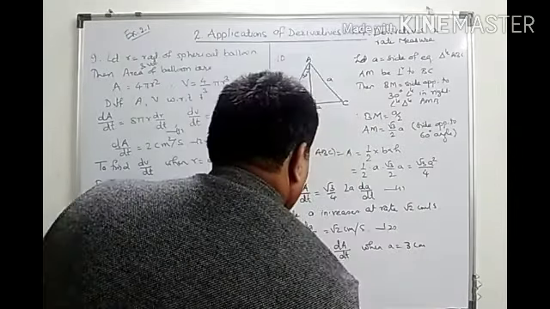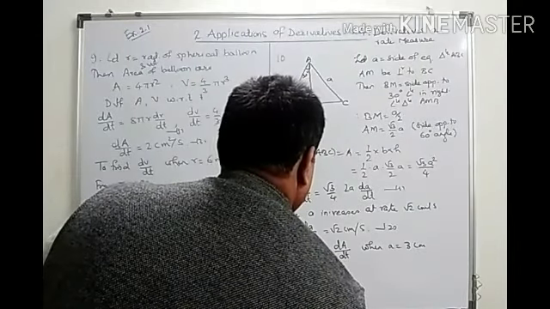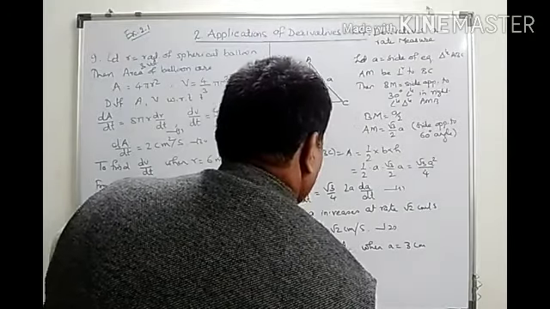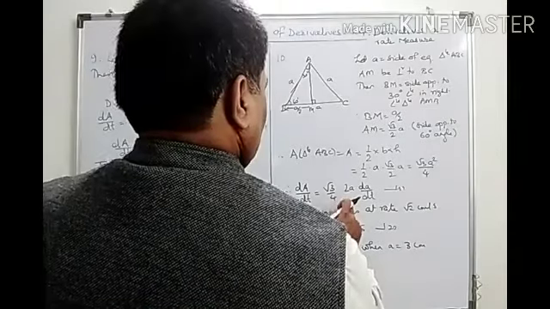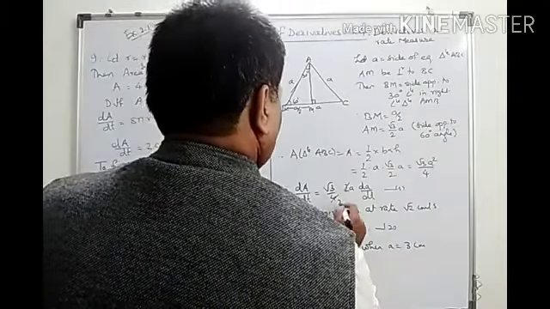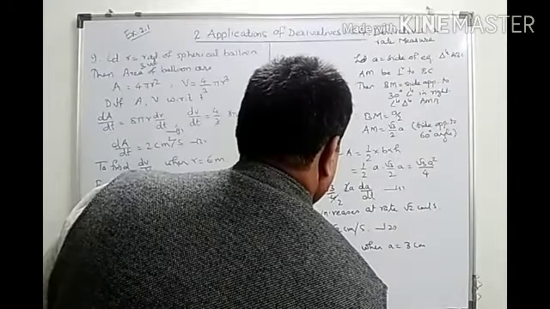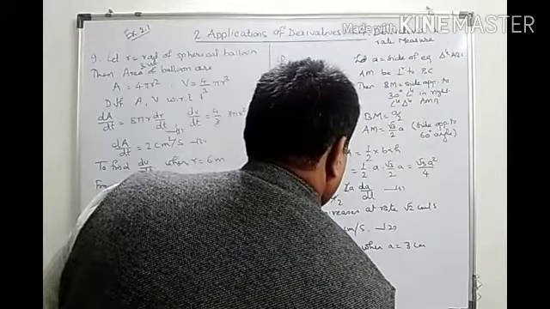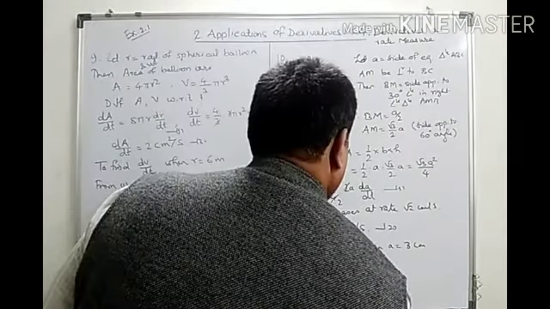Okay. So from 1, dA by dt is equal to root 3 by 2, the 2 gets cancelled, A is nothing but 3, into dA by dt is root 2.